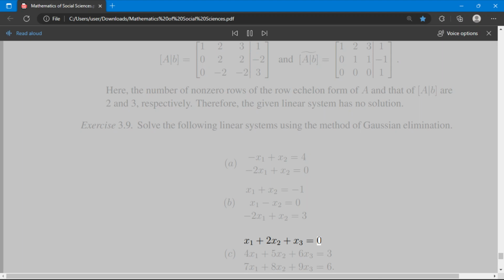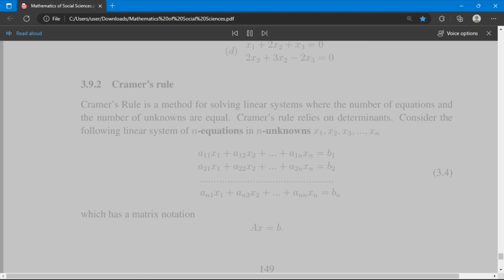C. x1 plus 2x2 plus x3 equals 0, 4x1 plus 5x2 plus 6x3 equals 3, 7x1 plus 8x2 plus 9x3 equals 6. D. x1 plus 2x2 plus x3 equals 0, 2x2 plus 3x2 minus 2x3 equals 0.